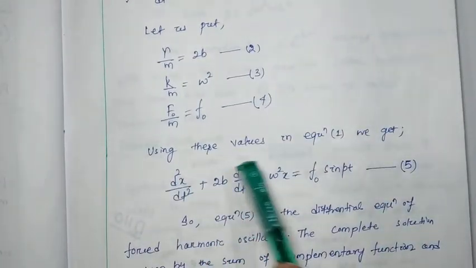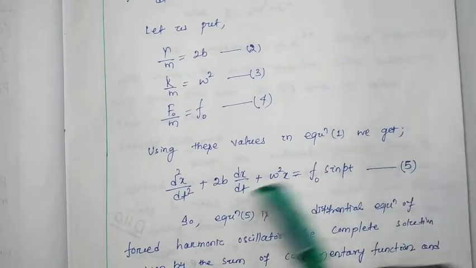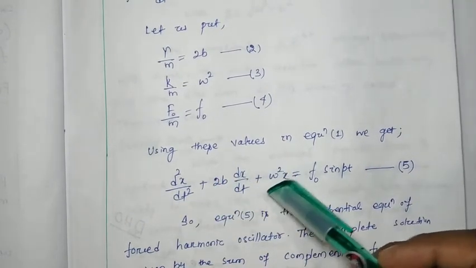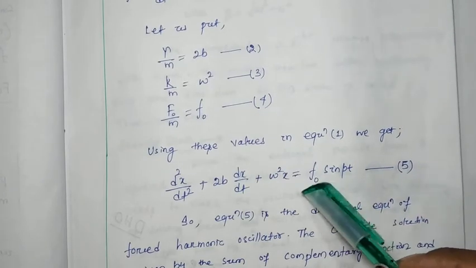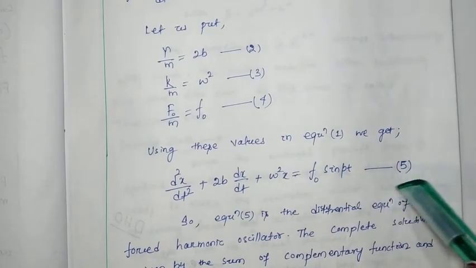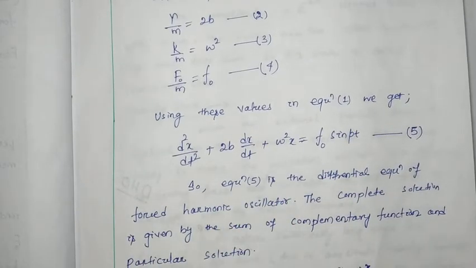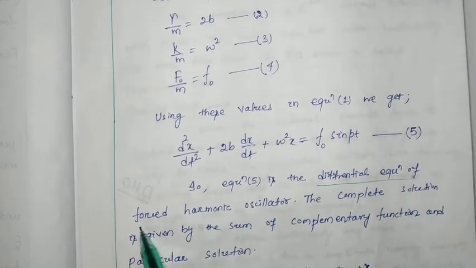Using these values in equation 1, we get d square x by dt square plus 2b dx by dt plus omega square x equal to f0 sin pt. Let this be equation number 5. So equation number 5 is the differential equation of the forced harmonic oscillator.